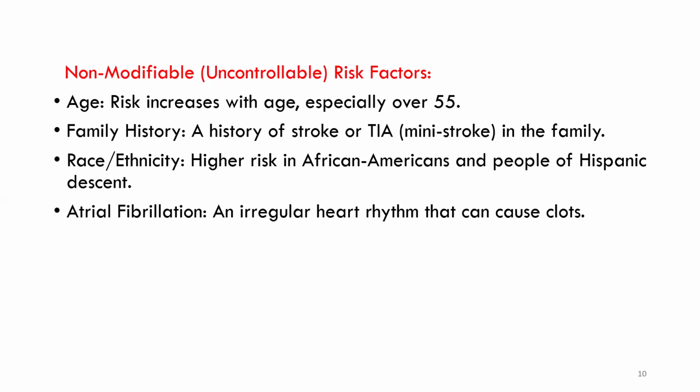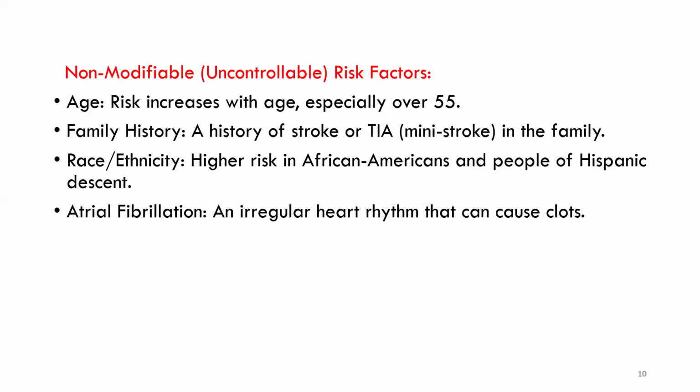We have race and ethnicity, which play a significant role in the occurrence of stroke. Based on race and ethnicity, it is shown that African Americans tend to have a higher risk of stroke when you compare them with those of Hispanic descent. We have atrial fibrillation, which is also another non-modifiable risk factor for stroke due to the abnormal rhythm occurring within the heart.